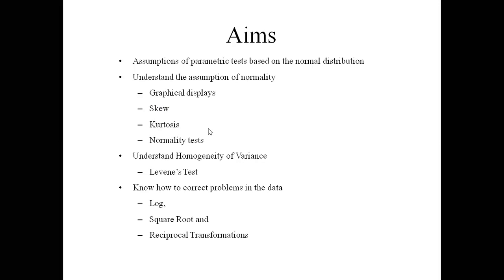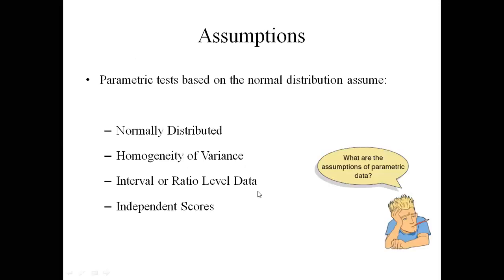So before applying any parametric test, we should check normality of our data as well as homogeneity of our data. So there are two main assumptions of parametric test, normality and homogeneity. What are the assumptions of a parametric test?